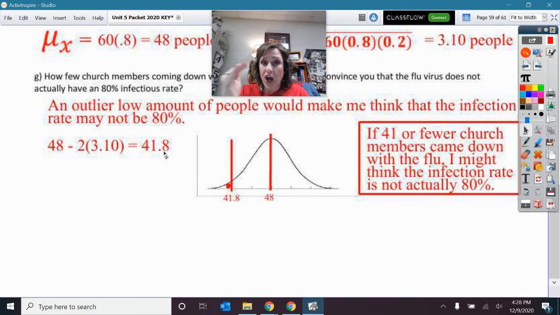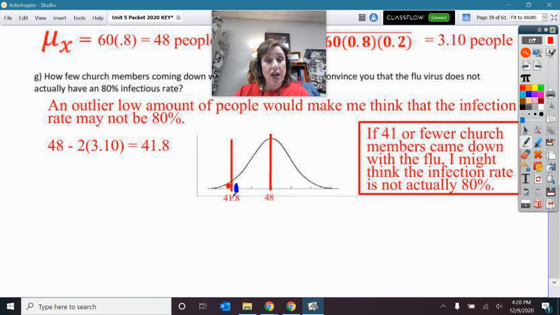Now, you have got to think of this and think of which side of the fence you are on. So to be unusually low, you would not be 42. 42 members would be in here on the inside of the fence.